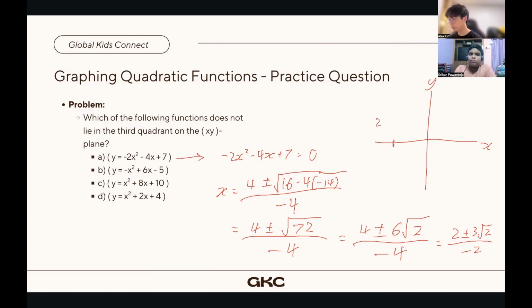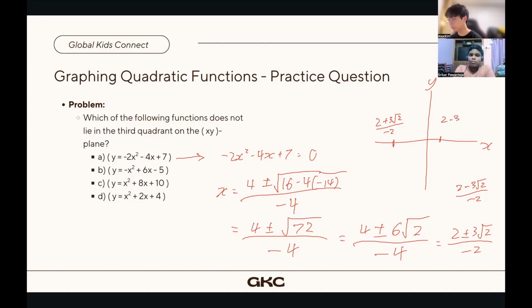And so this will be our first x solution. And then if it was a negative, so 2 minus 3 root 2 over negative 2, the numerator is a negative value, because 3 root 2 is greater than just 2. And so it will be a positive value because we also divide again by a negative, so the negatives will cancel out.